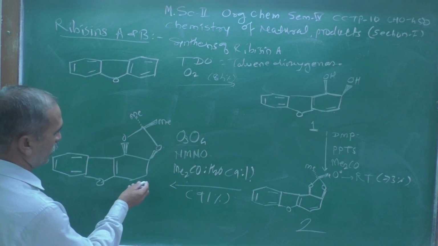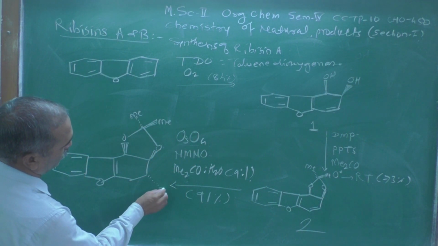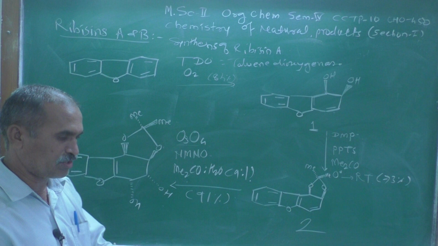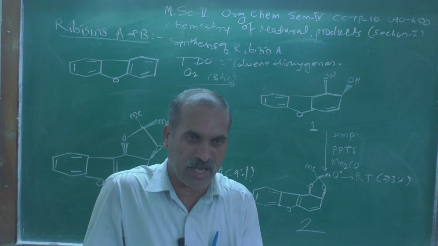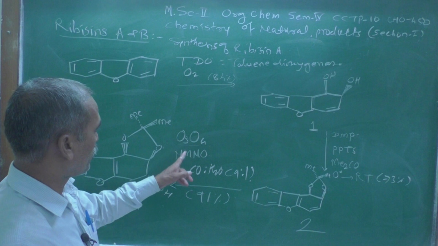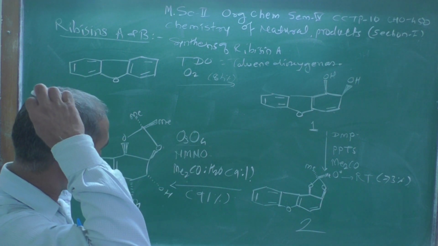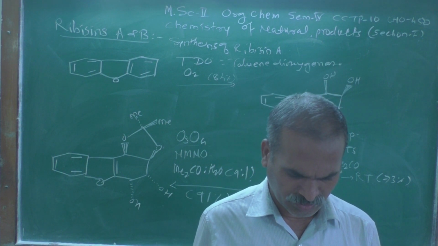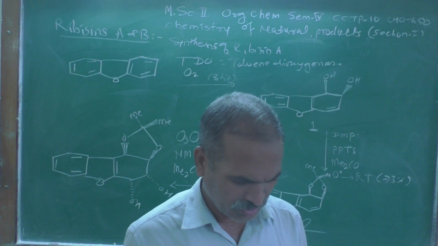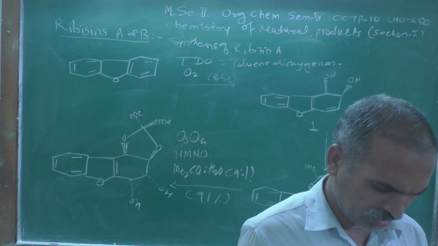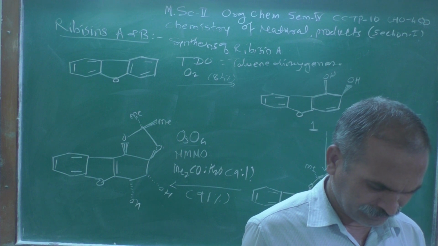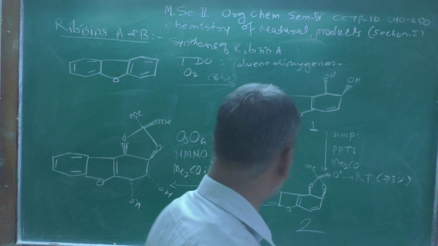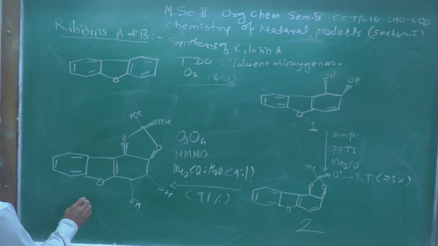So here we are going to get the product like this. This hydroxy should be below the plane, and this also. Both hydroxy groups come from the same side, and therefore this is a cis hydroxylation due to the OsO4, and 91% of the product is obtained in this reaction. This is structure number 3 we can see here.